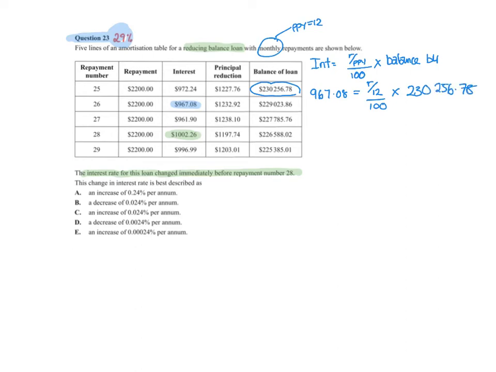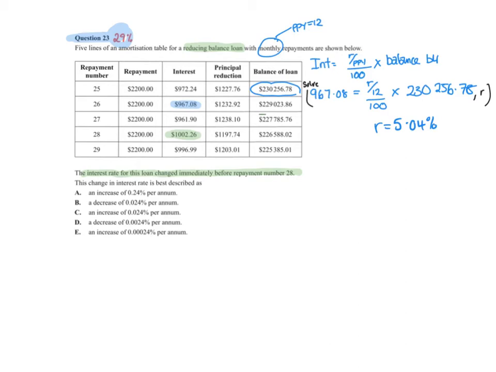So I'm going to use solve, comma R, and work out this first, the blue interest rate. So I got this one to be 5.04%, okay? But now they told me it changed down with the green here.